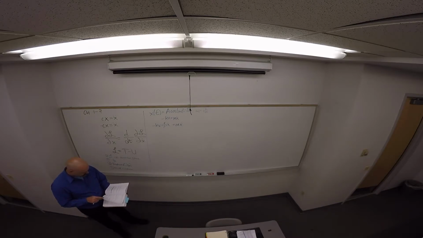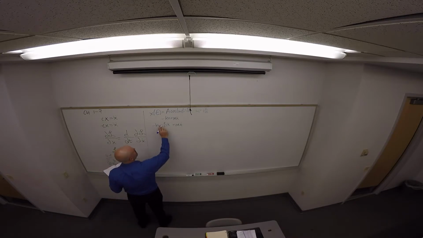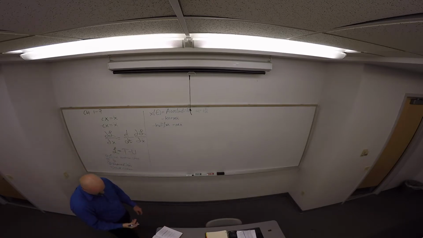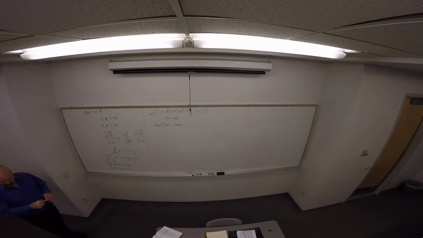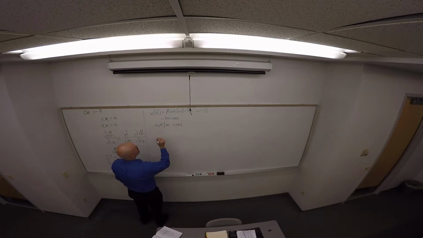Oh, I see. So it would be 2 beta m x dot. And that just helps make the rest of the equation easier later, since you're defining a fudge factor, you might as well define the fudge factor that's going to make your life easier down the road. So this is a minus. It is minus.